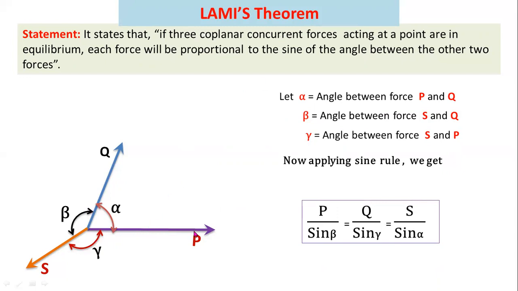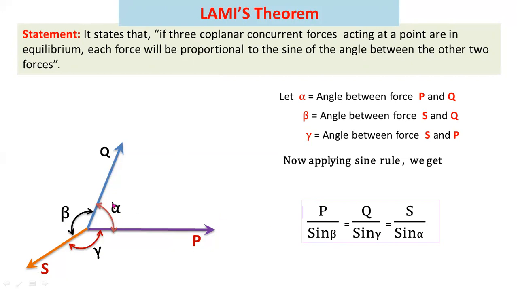So here the force is P: P divided by sine beta, Q divided by sine gamma, S divided by sine alpha. Force divided by sine of the angle between the other two forces.